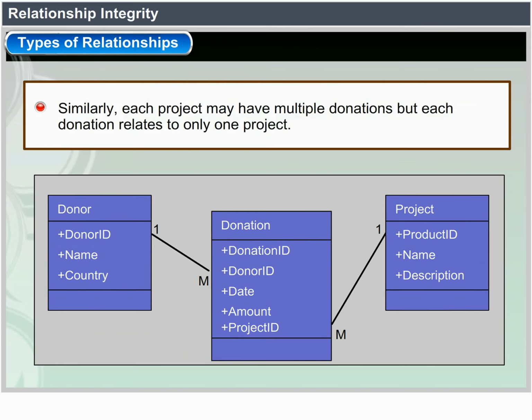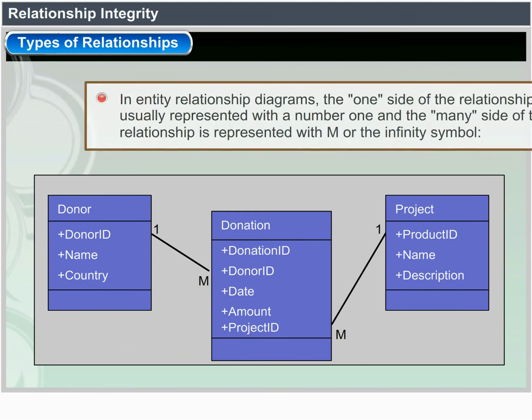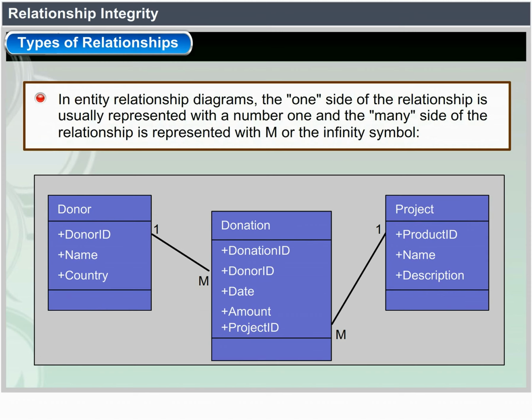Similarly, each project may have multiple donations, but each donation is made to only one project. In entity relationship diagrams, the one side of the relationship is usually represented with a numeral 1 and the many side of the relationship with either an M or the infinity symbol.